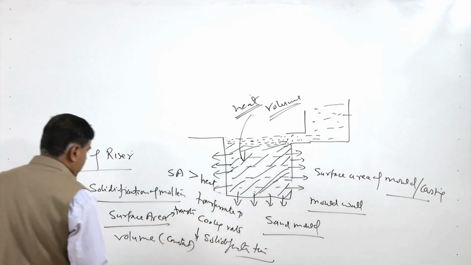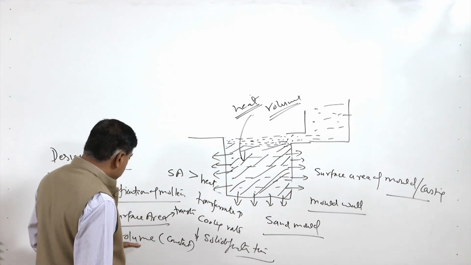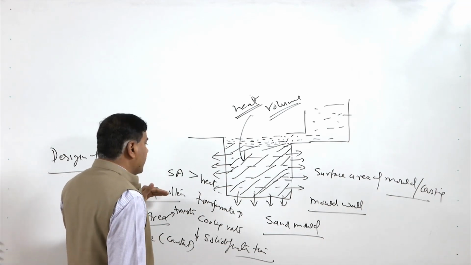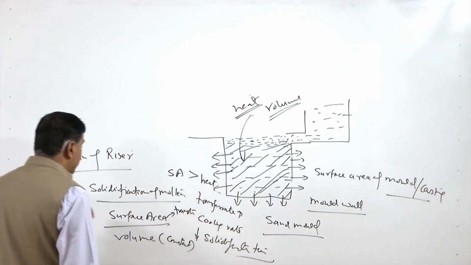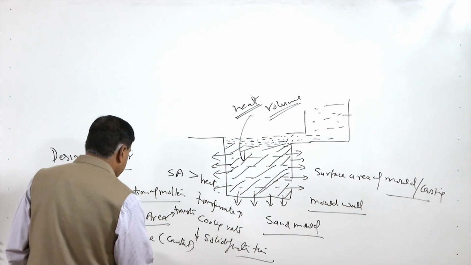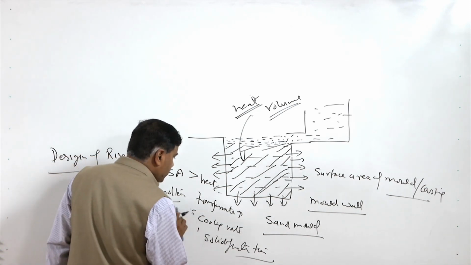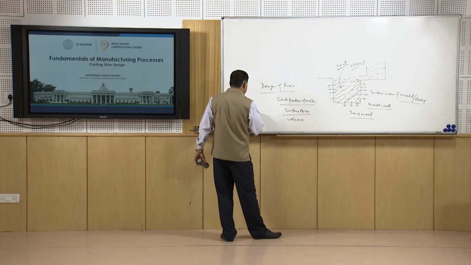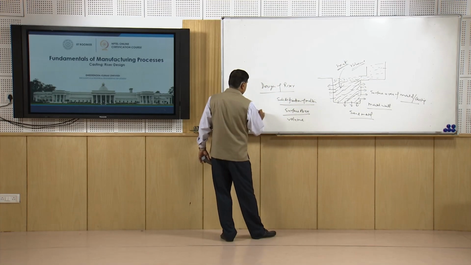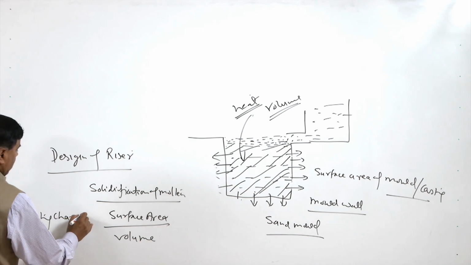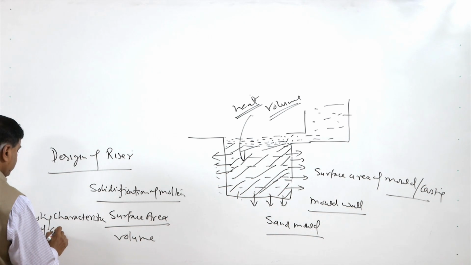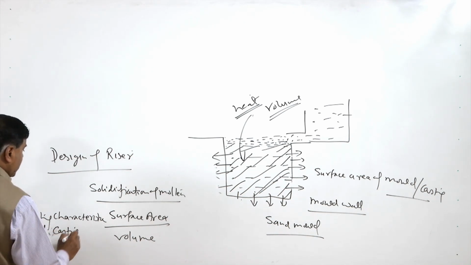If the surface area to volume ratio is high, then the heat transfer rate will be much faster and the cooling will occur much earlier. So, this ratio is basically used to define the cooling characteristic of the mold or of the casting.